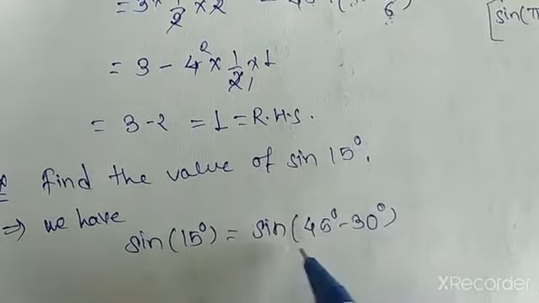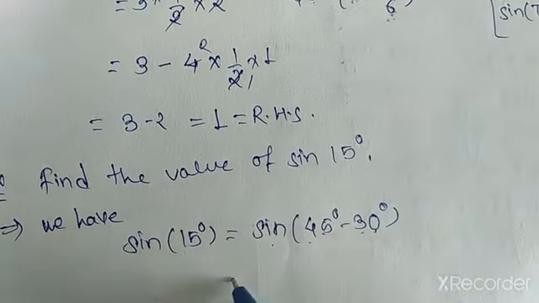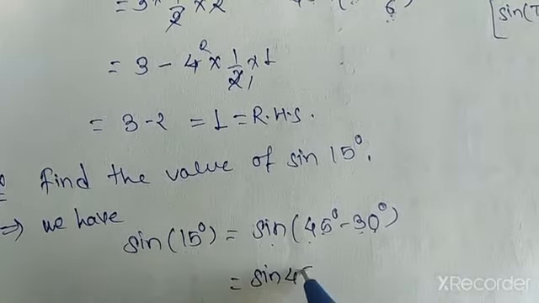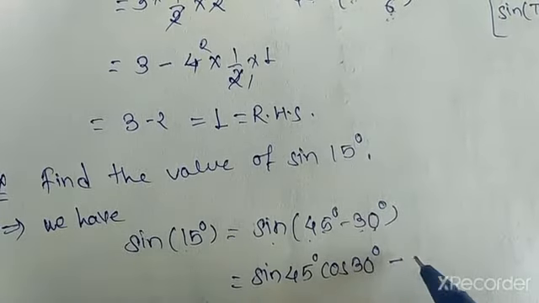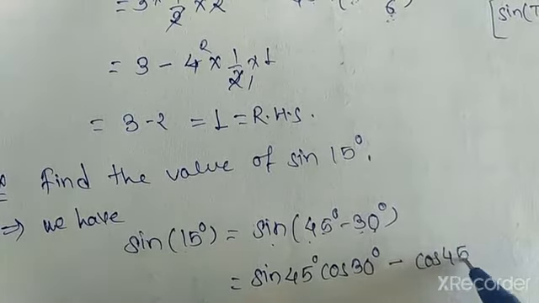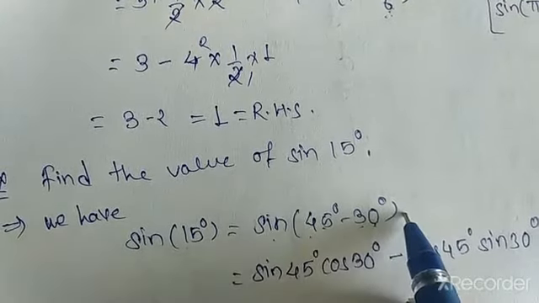The formula of sine x minus y is sine x cos y minus cos x sine y, so sine 45 degree cos 30 degree minus cos 45 sine 30 degree. We have used the sine x minus y formula here.